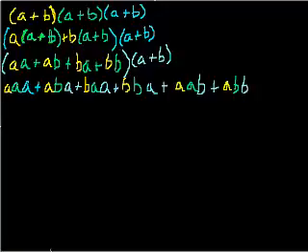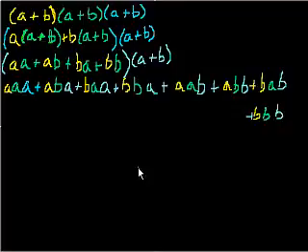Now we're at yellow b. The good thing about the colors is it's easy to keep track of where we are. Plus yellow b times green a times blue b. And then we're at the last one, plus yellow b, green b times blue b. So this is the expansion of a plus b to the third power, right?